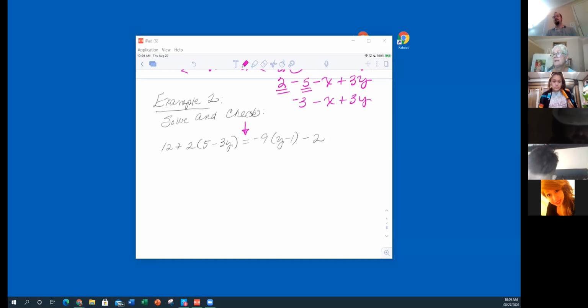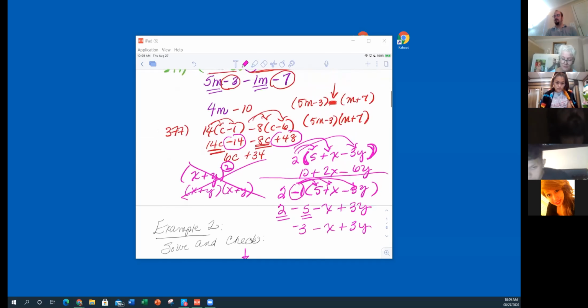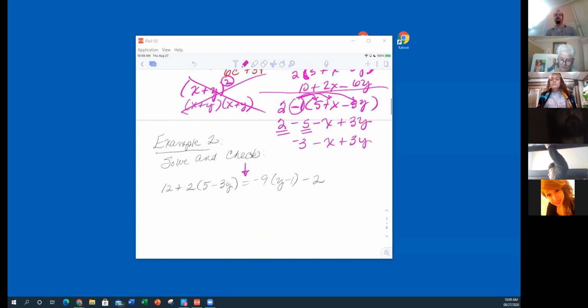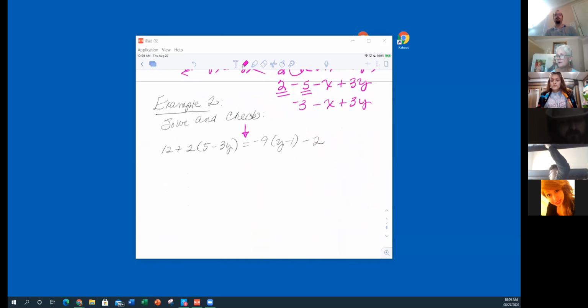So there's an equal sign. This time we can do operations on both sides. And this time we actually do want to come up with a valid answer. Up here, we were just simplifying. I couldn't say M is equal to anything because there is no equal sign. It's not a complete sentence. Here we have a complete sentence. We're going to do very similarly to what we did in the last problems.